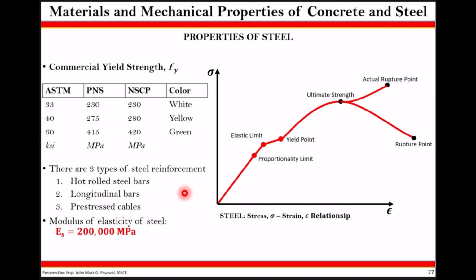So why is it important for us to know the relationship or the values for your Ec and your Es? Ec again is the modulus of elasticity for concrete. Es is the modulus of elasticity for your steel. Because your reinforced concrete is a heterogeneous material. It is comprised of 2 materials: one is concrete, two is your steel.